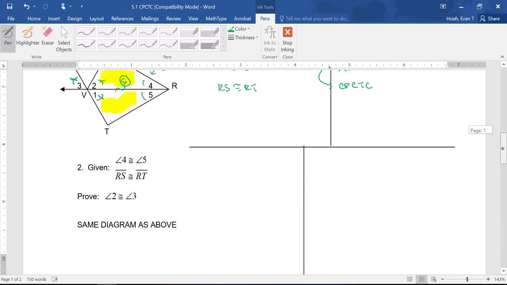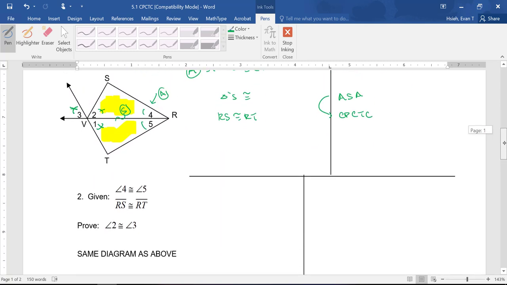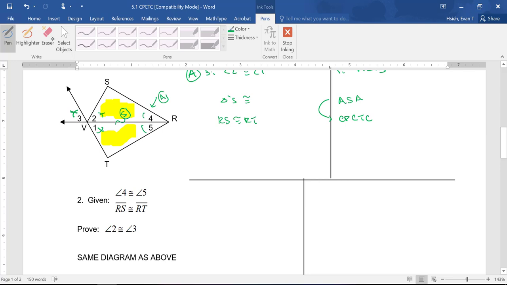Let's take a look at this problem down at the bottom. All right, so we're looking at the same diagram. So I'm going to erase all the information that's on here. And so now 4 is still congruent to 5. This time RS is congruent to RT. You know that it's still reflexive.